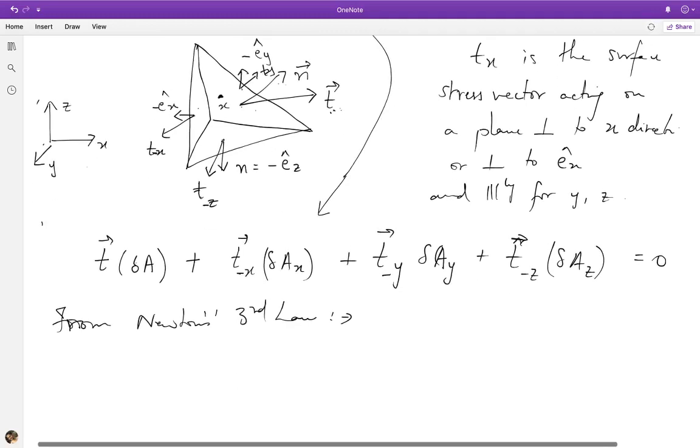So essentially, the force acting on this surface pointed in the minus Ex direction is just exactly the opposite of the force that would act on the surface if I considered the surface oriented in the Ex direction. So this would mean that it's the force acting from the fluid on this side onto the surface. So this just means that T minus x is equal to minus Tx.